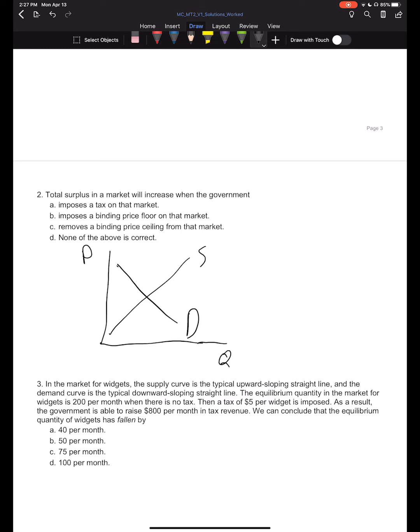Right? The total surplus in the market is just going to be all of this area initially. Right? So then that's going to be total surplus.